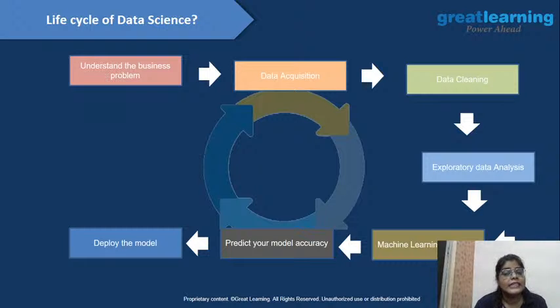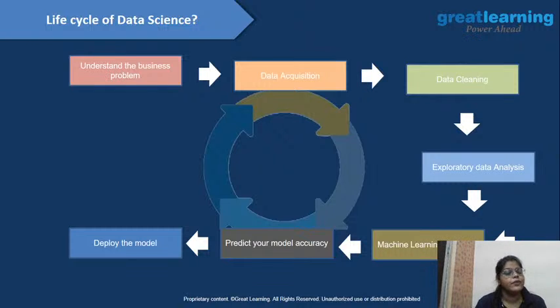Because again, data is informative, data is like oil, but the data should be cleaned. Only then will you have the value of the data. When your data is a mess, it's of no use, right? So this is why the data cleaning process takes the most time out of the life cycle of data science, right?